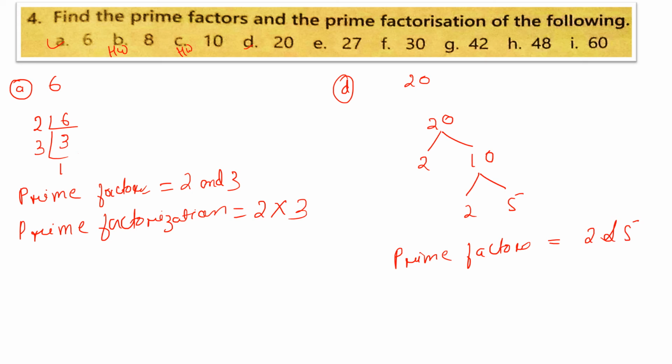And the prime factorization is 2 multiplied by 2 multiplied by 5. 2 2's are 4, 4 5's are 20. You just check it at the end, okay? After multiplying, check whether you are getting this number or not. Otherwise it is wrong. Got it?